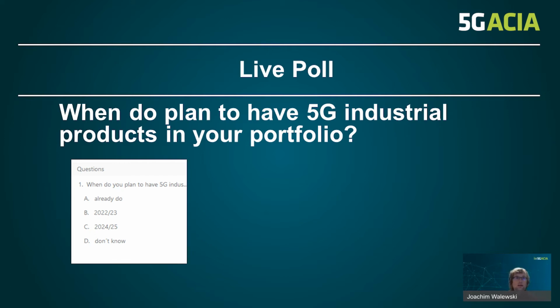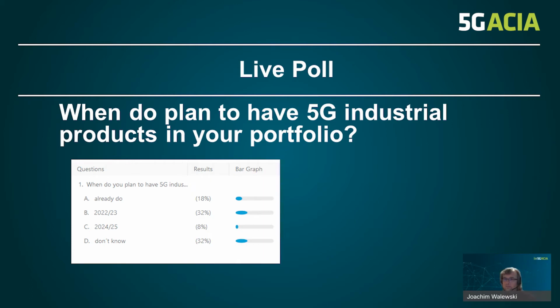So if you think of your company or your research institute spin-off, whatever it is, and you think of the industrial products that you may be offering, are you already planning to have them equipped with 5G user equipment? Maybe you already have products. Do you do it next year, 23? Is it 24, 25? Or haven't you made up your mind yet?